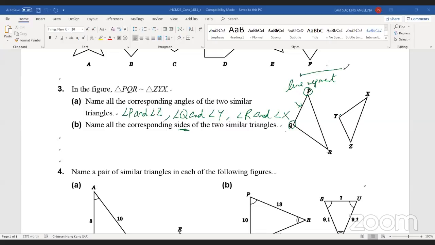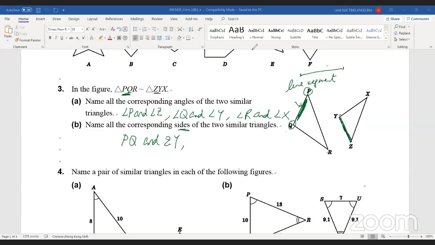We need to name the endpoints. In this case, if you look at these two, P and Q, P to Q, talking about this line, the corresponding side will be this one, CY. Therefore, I have PQ and CY.